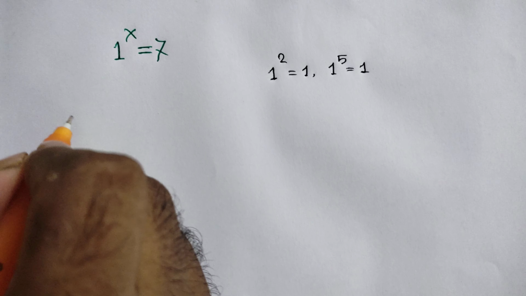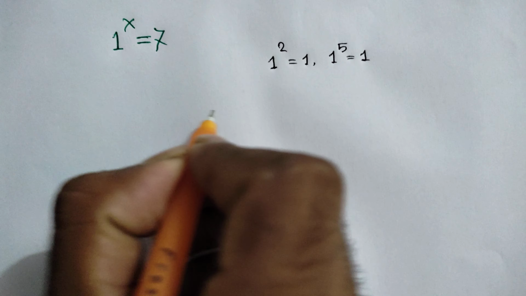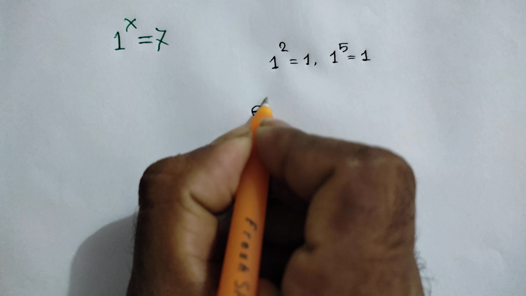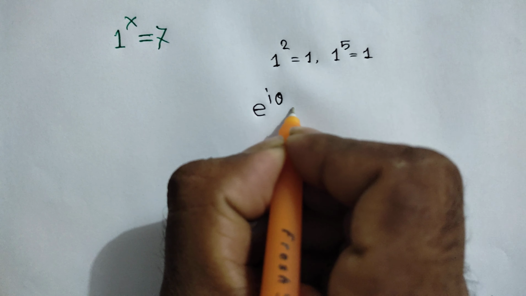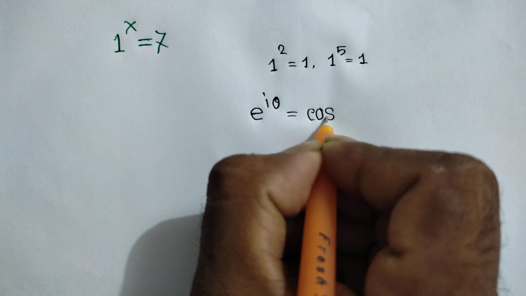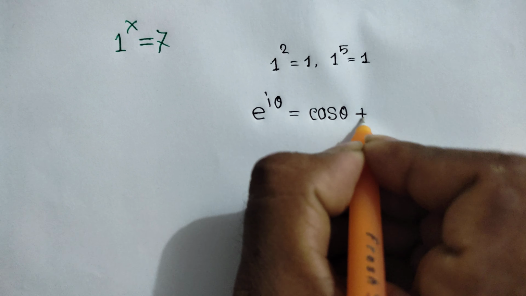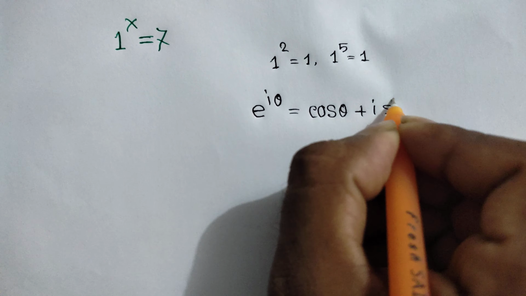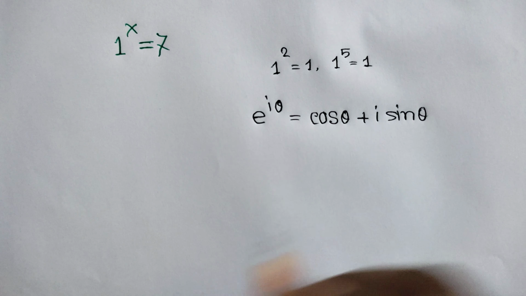Now we know Euler's formula, e to the power i theta is equal to cos theta plus i sin theta.